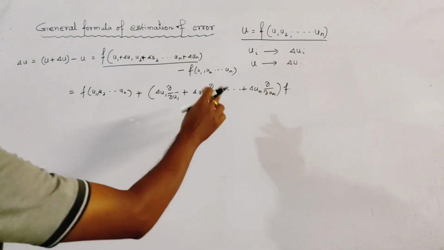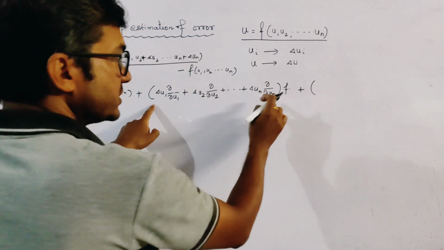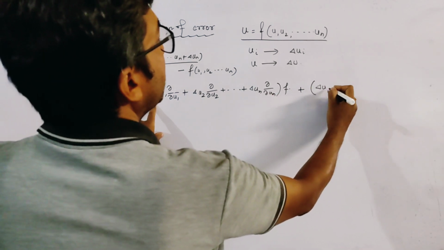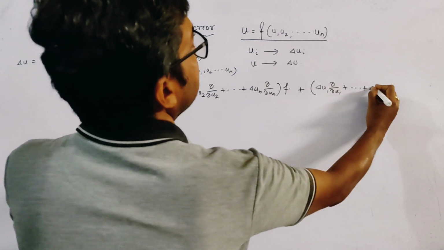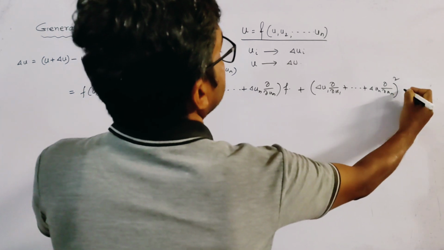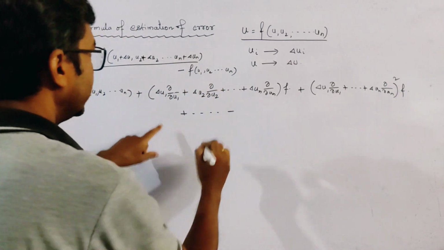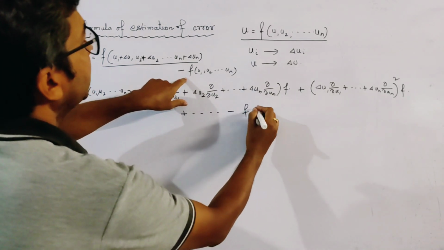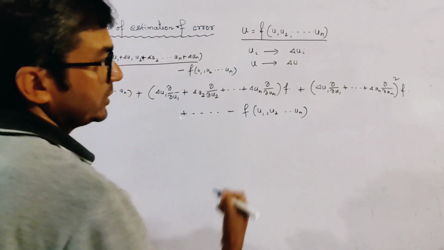This is like an operator. The next term is the same, delta u1 into del by del u1 plus delta un into del by del un, whole square into f, and so on. The last term is f of u1, u2, to un.